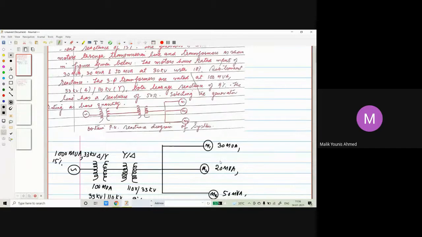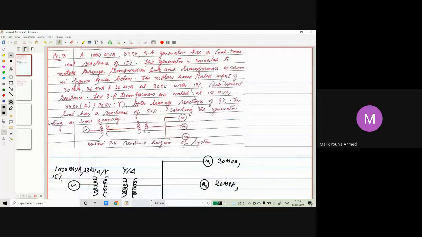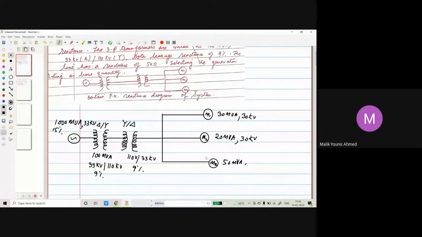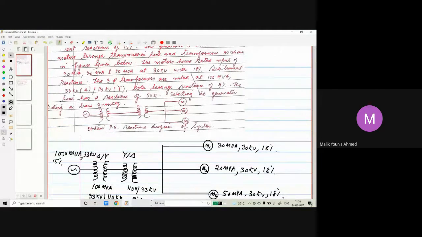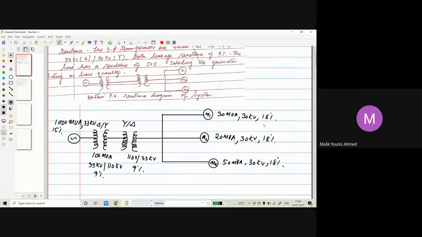And all have the same voltage rating of 30 kV, with 18% subtransient reactance. So this is the complete data.